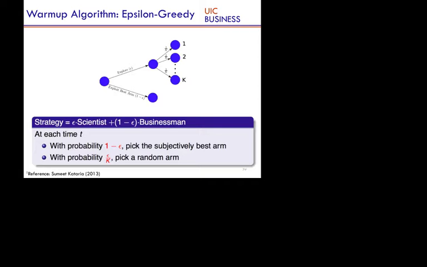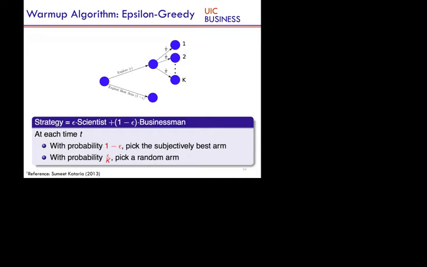If it lands heads, I'm going to use the arm that I've seen to be the best so far. I can compute the empirical means. If it lands tails, I'm going to randomly pick an arm from the whole set of k arms, uniformly at random.